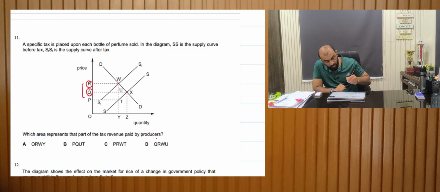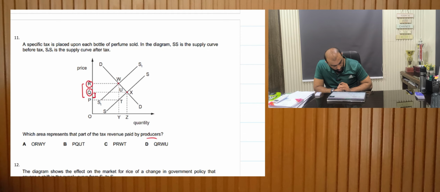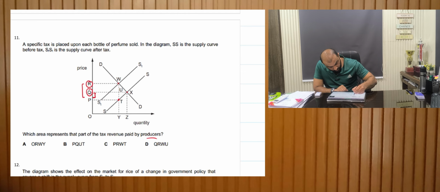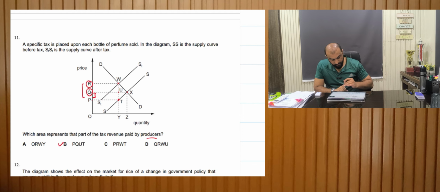But we need to figure out the tax revenue paid by the producers, right? So from Q to P is the tax per unit for the producers, and the units taxed are until T units. So it's basically Q, P, T, and then U. Let's look at the option P, Q, U, and T. All right, so this is the right answer.